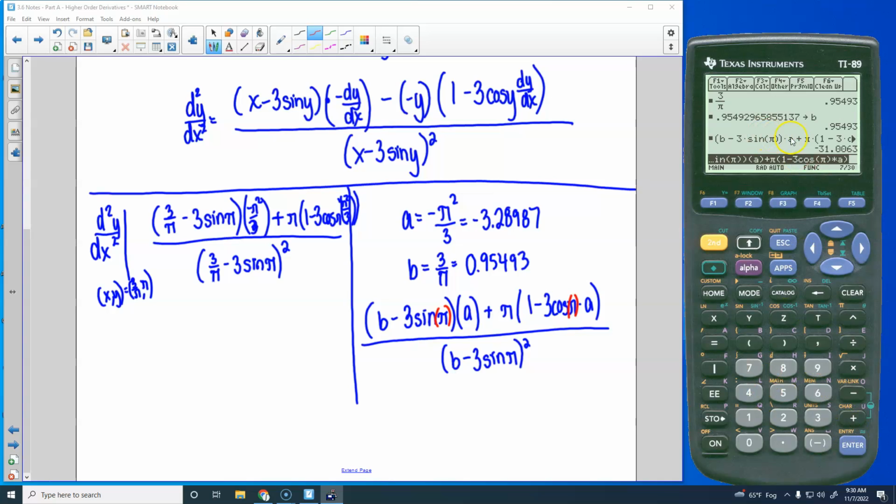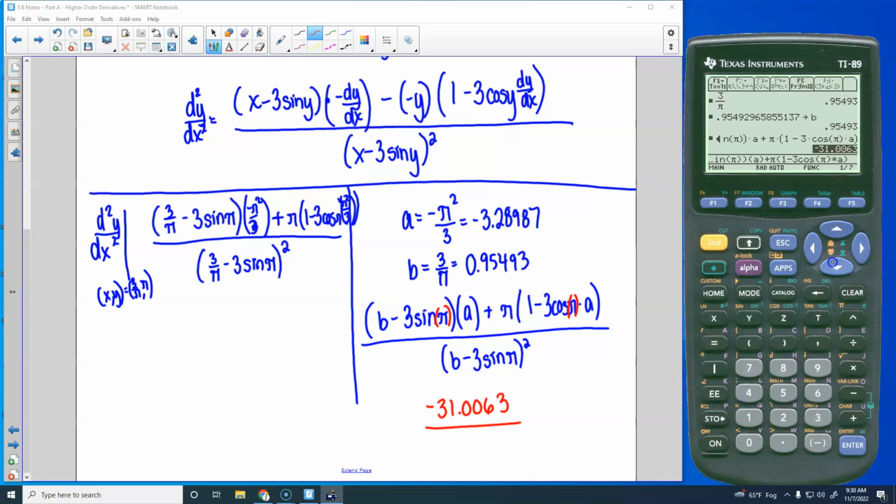So let's check and make sure that looks okay. All right, we got negative 31.0063. That's just my numerator, because I only typed that in.